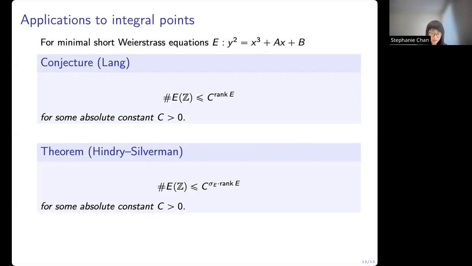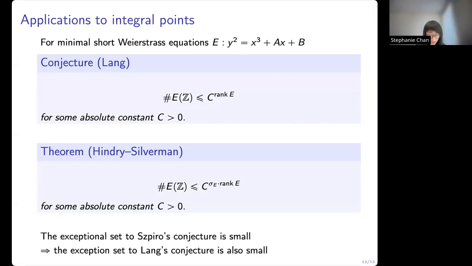But it seems hard to prove that the Szpiro ratio is bounded. At least we can say that if the exceptional set to Szpiro's conjecture is small, then the exceptional set to Lang's conjecture is also small.